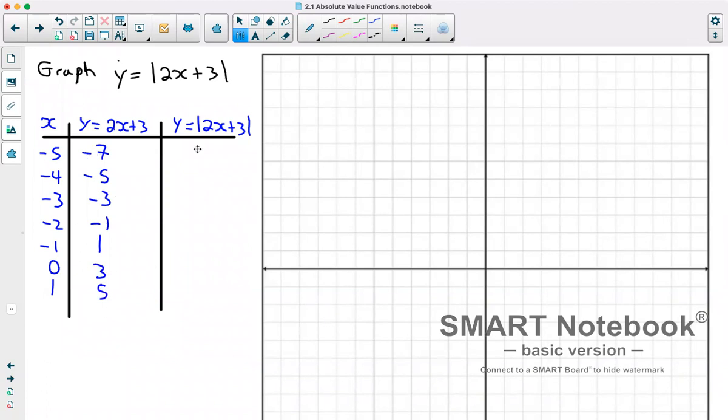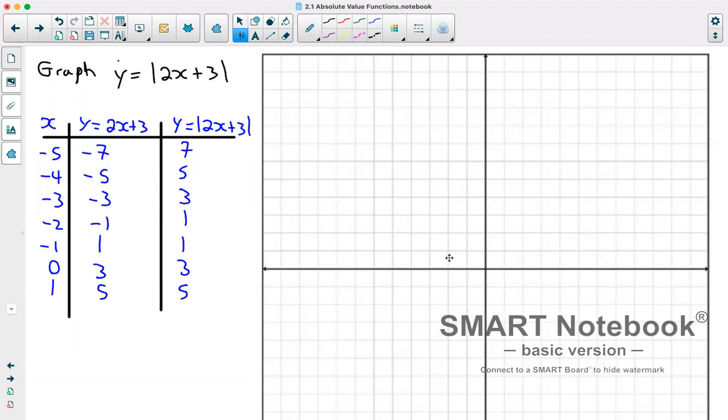So now take the absolute values of these. So -7 changes to +7, -5 turns into +5, -3 turns into +3, -1 turns into 1, 1 stays as 1, then 3 stays as 3, 5 stays as 5.